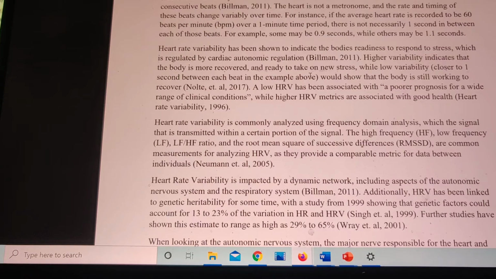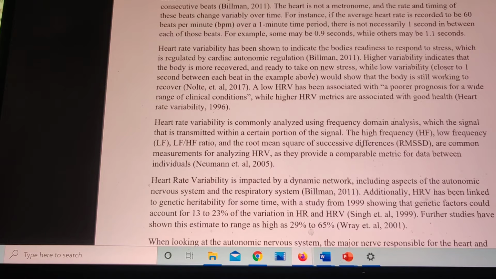So heart rate variability is a metric similar to resting heart rate or heart rate, however it measures the time in between the beats. So for example, if your average heart rate was 60 beats per minute, there wouldn't necessarily be 1 second in between each of those beats. It could be 0.9 seconds for some or 1.1 seconds for other beats.